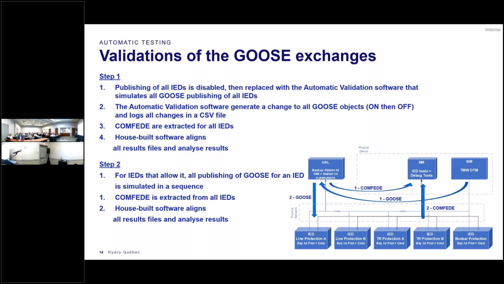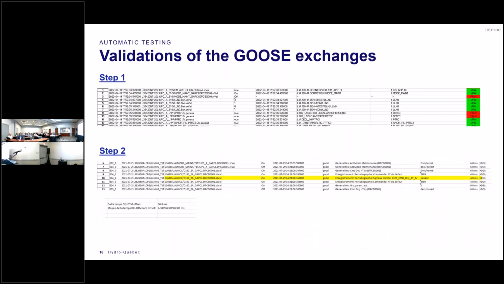You can change the next slide. We can see a bit of the results here, that we have the different signals that are published, and then they are analyzed, and we see the different delays in terms of receptions of the Goose, of the treatment, and we do some analysis with color-coded results that show whether the behavior was as expected, or in some cases the behavior did not happen, and then it was flagged as such in the different analysis.